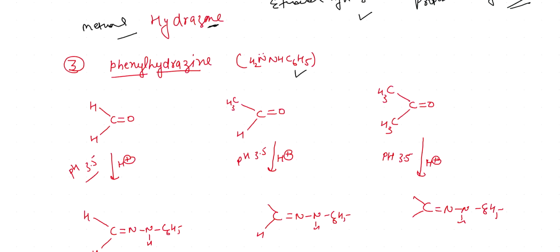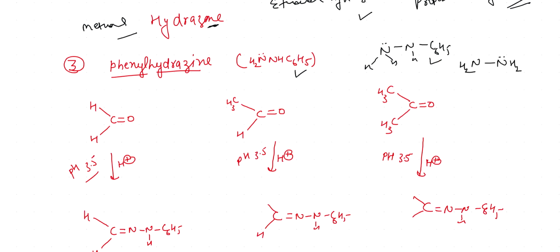Clear? So this is your ammonia molecule. When this hydrogen is substituted with NH C6H5, then it is called phenyl hydrazine. In another way, in the previous example, the hydrazine is NH2, NH2.